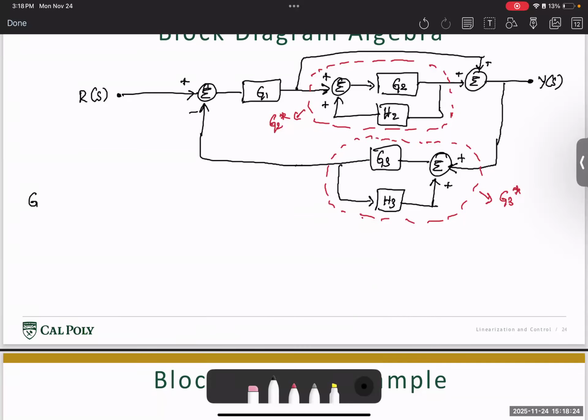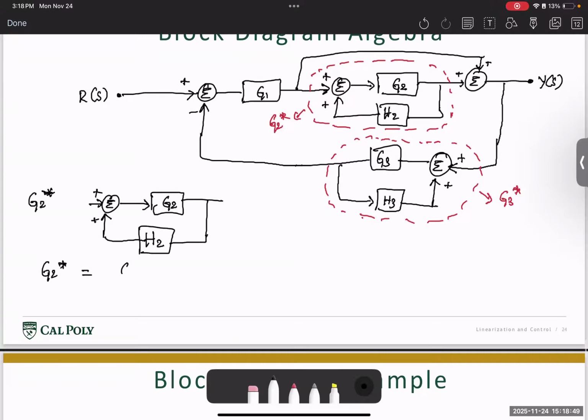So just looking at G2 star, which is basically we have sigma, we have G2, and then we have plus, plus, and then here we have H2. Simplifying this block, I can say the transfer function G2 star here is nothing but G2 divided by 1 minus G2 H2.